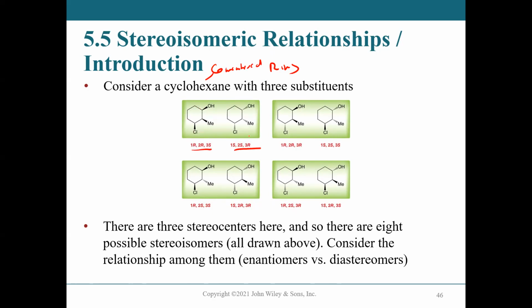Let's take a look at this and study this. It says there are 3 stereocenters here, and so there are 8 possible stereoisomers. Consider the relationship among them, enantiomers versus diastereomers. Some are going to be enantiomers, some are going to be diastereomers.